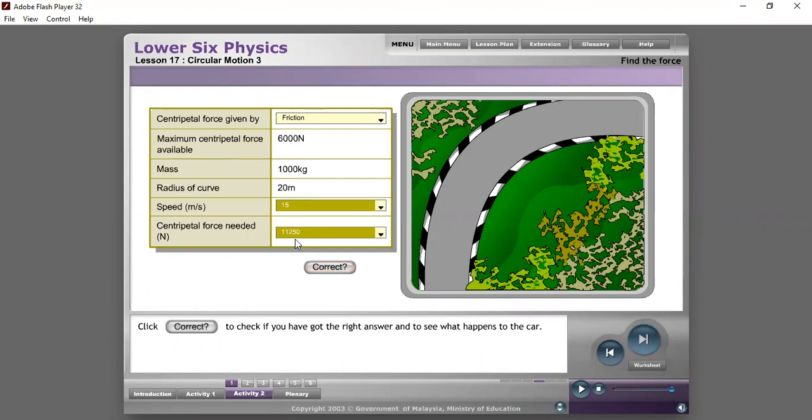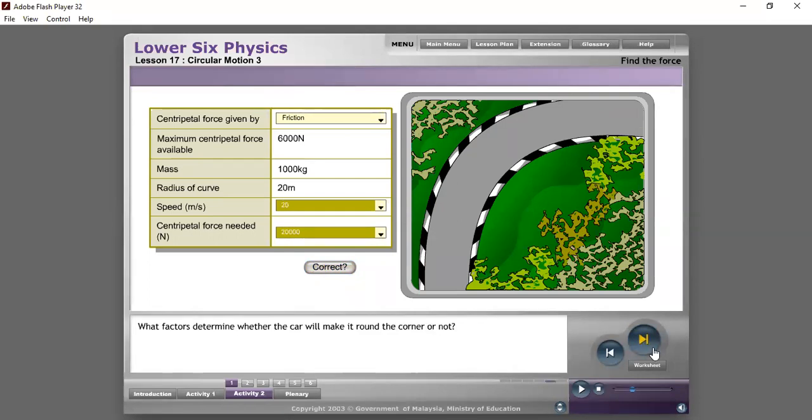If the centripetal force needed is more than 6,000, the car will lose control. What happens with greater speed? Greater speed, 20,000, is much more than the 6,000 maximum centripetal force available. So the car will skid away.